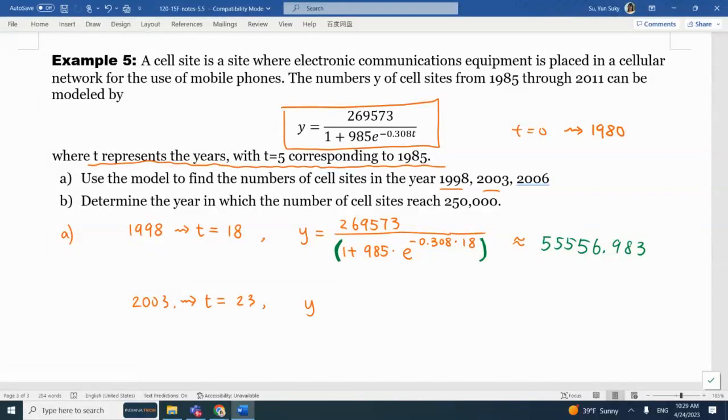Go up to the previous line. Change the 18 to 23. What do you get?